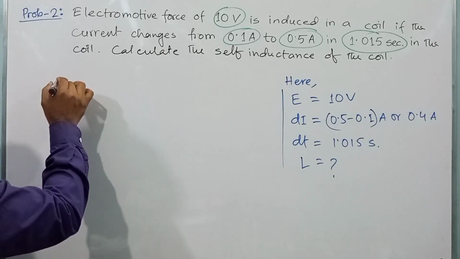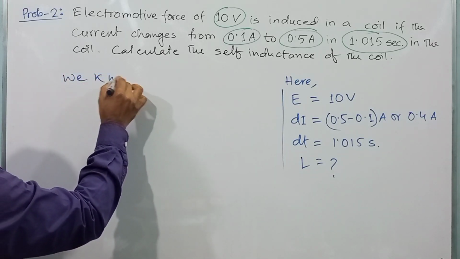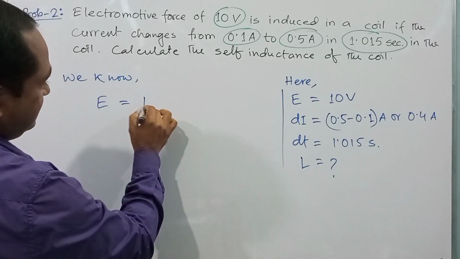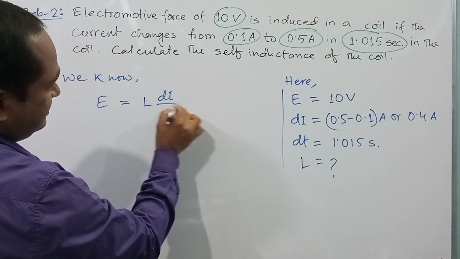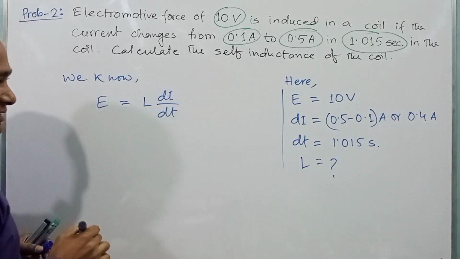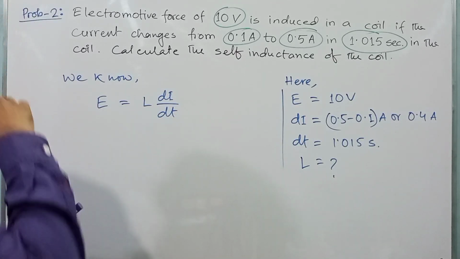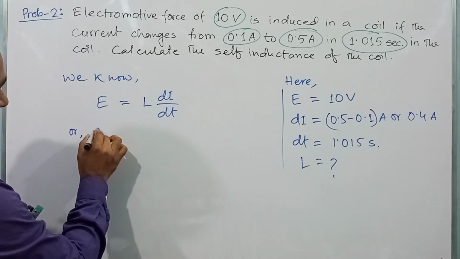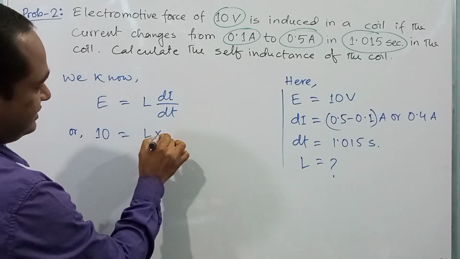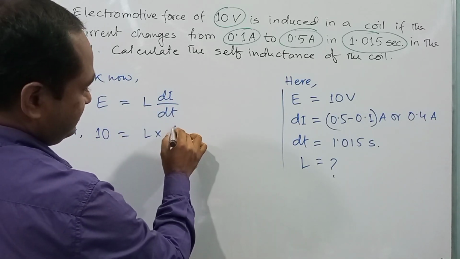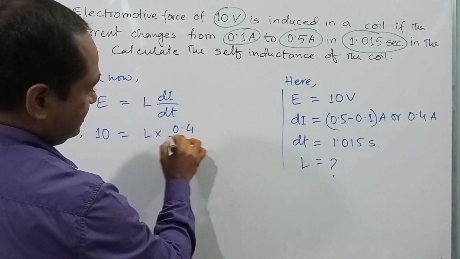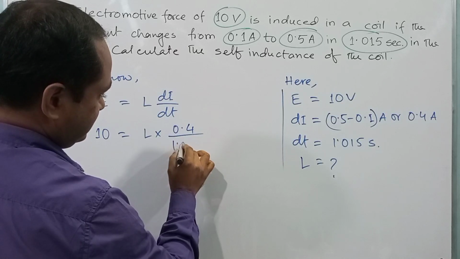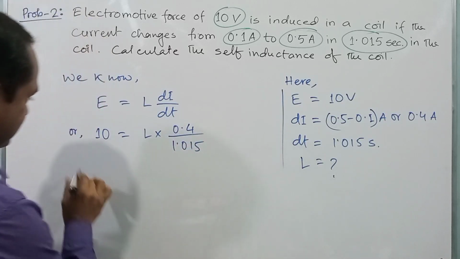Dear students, we know E is equal to L di by dt. So using the value of E, 10 is equal to L into di, di means 0.4, divided by dt, which means 1.015.